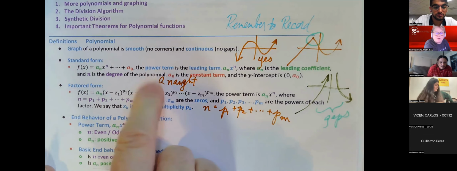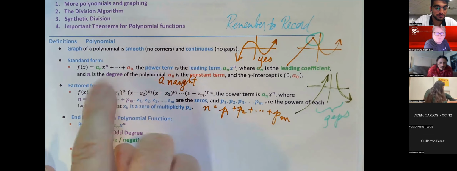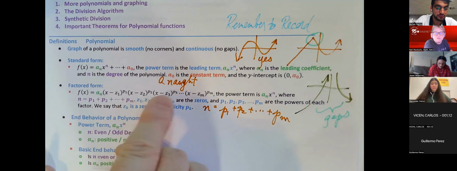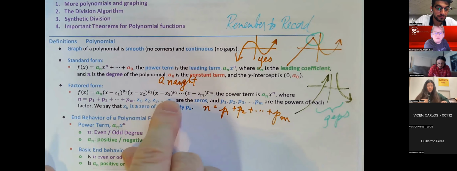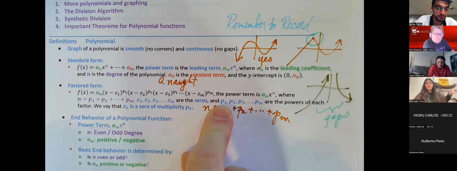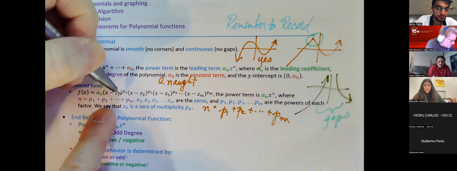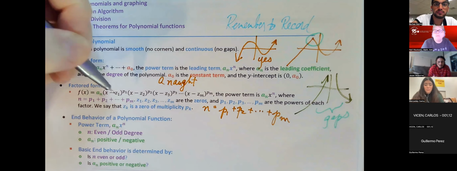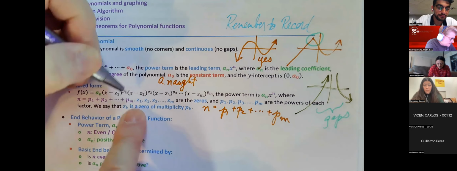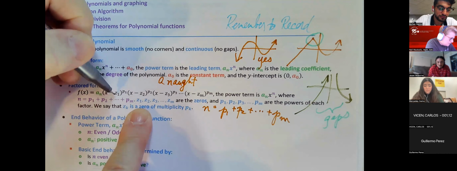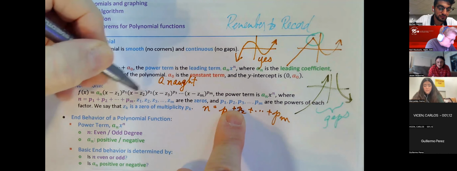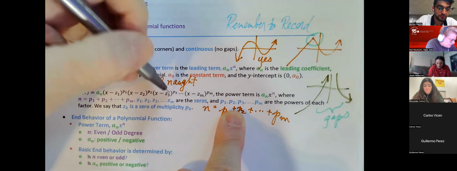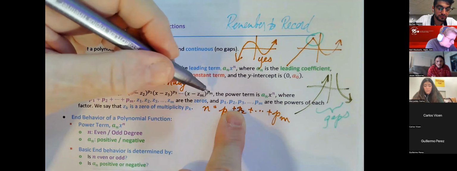The zeros are from the factors. So we would say z1, z2, z3, all the way up to zm are the zeros, and P1 is the multiplicity of Z1, P2 is the multiplicity of Z2, P3 is the multiplicity of Z3, all the way up to Pm.